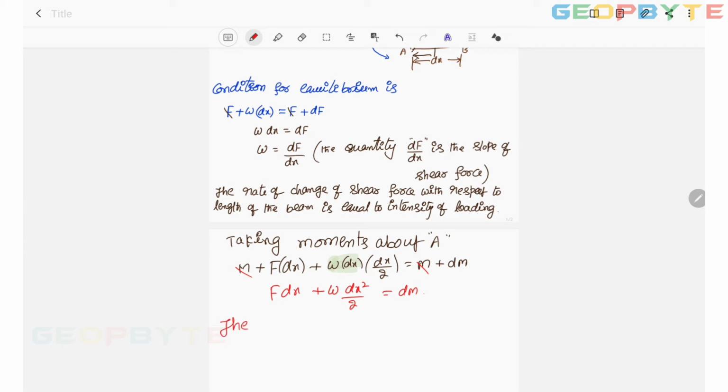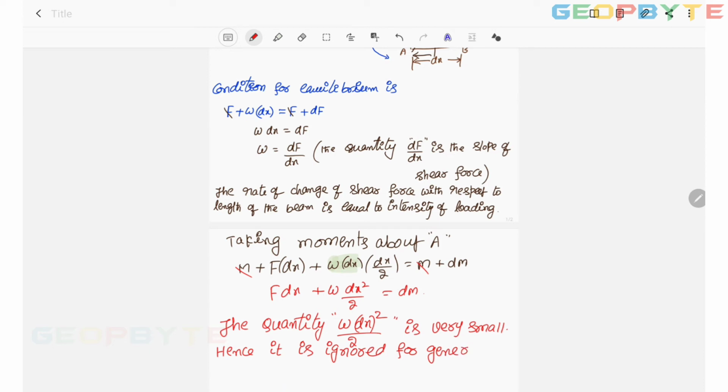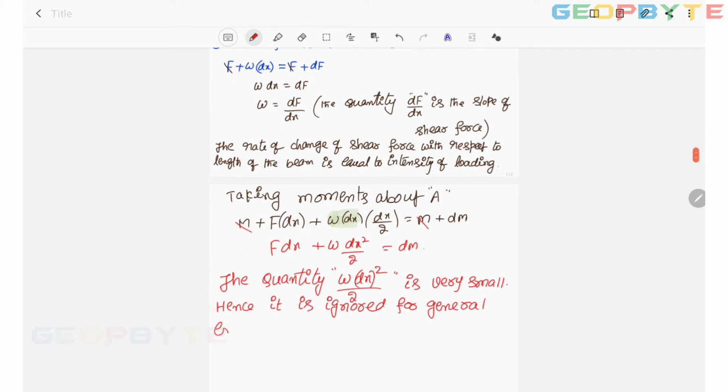This point is important: the quantity W into dx whole square by 2 is very small, hence it is ignored for general engineering calculations.